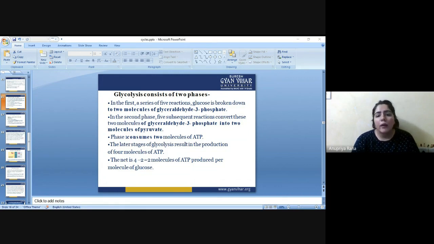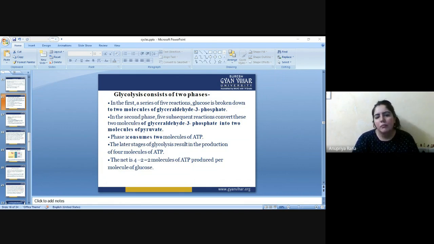We are breaking down glucose, the sugar molecule, into a simpler version, but the product we want from glycolysis is pyruvate. To obtain this pyruvate, we have to go through 10 different intermediate reactions. This is huge but simple.